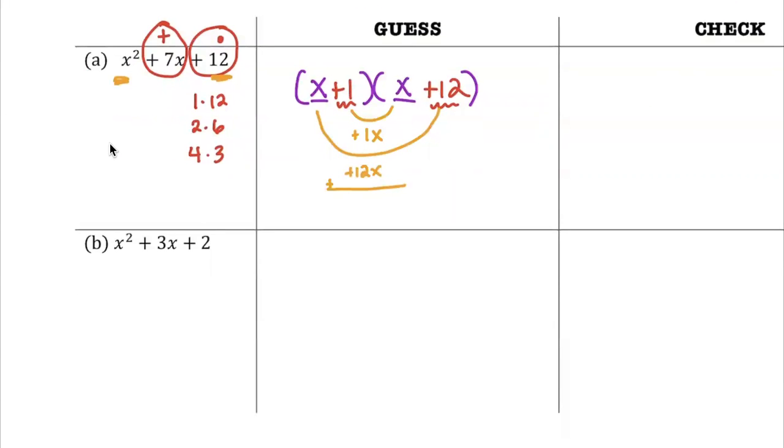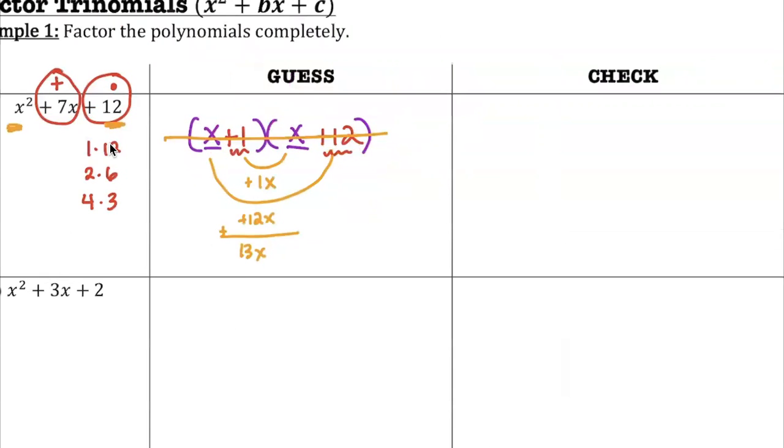You're going to notice, though, that we have kind of an issue here. That means if I do 1x plus 12x, we get 13x. Does that match what's in the middle here? No, it does not. So what that tells me then is that this polynomial can't be my final answer. And we move on to the next pair.